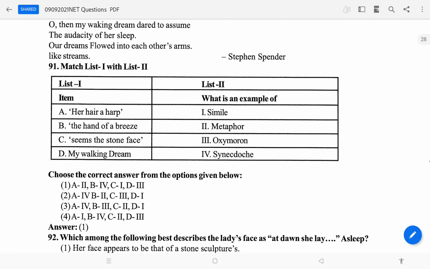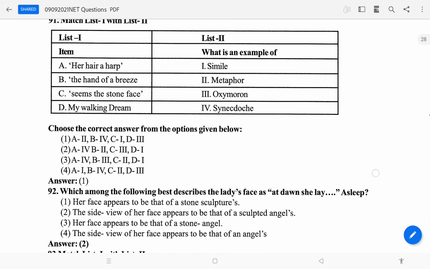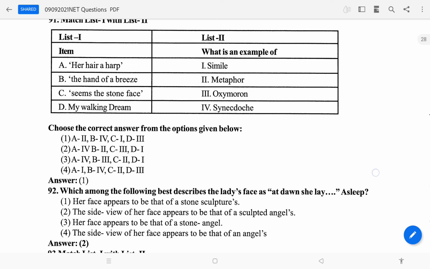So here you have to match the following. Her hair a harp. So her hair a harp is a metaphor. Then the hand of a breeze would be synecdoche.